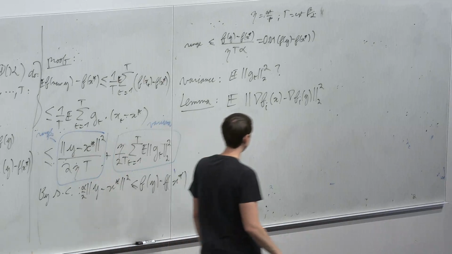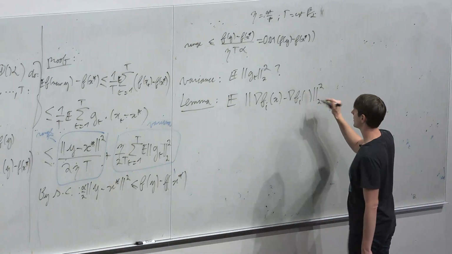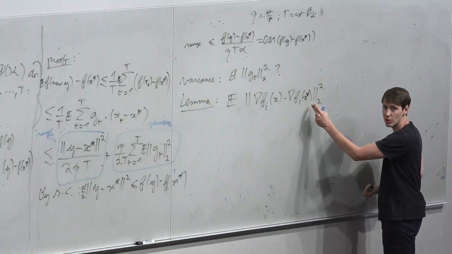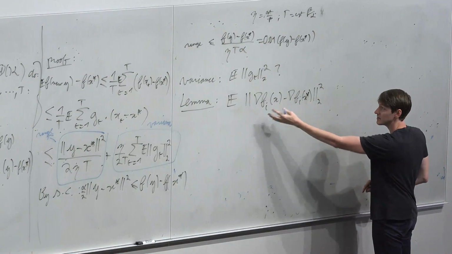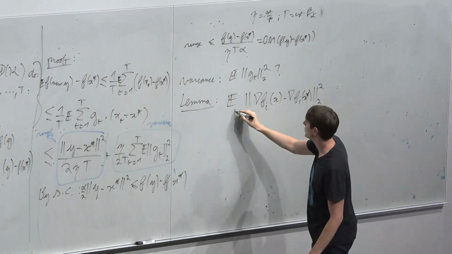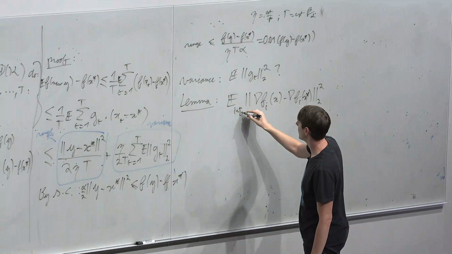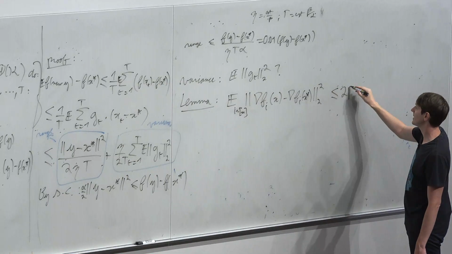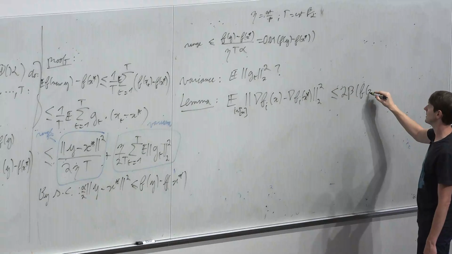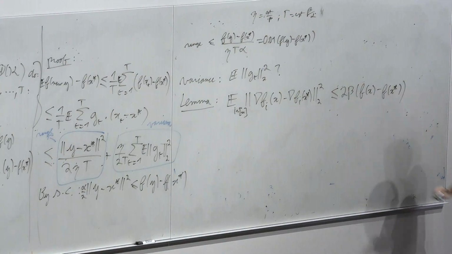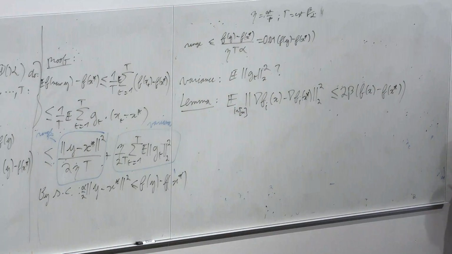And here I really want to say that when x is going to get close to the optimum, in some sense, this should be small. And here the expectation is over i sampled from 1 to m, uniformly at random. I'm going to show you that this is bounded by 2 beta times the suboptimality gap. Okay, so I will do this proof.